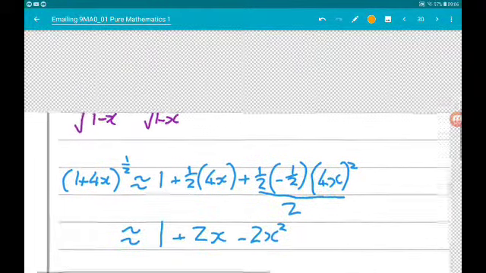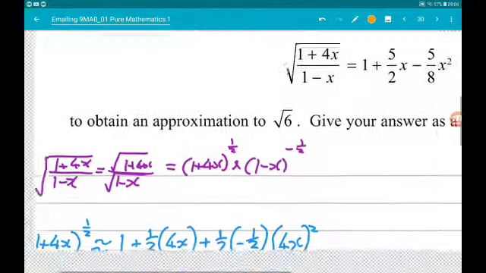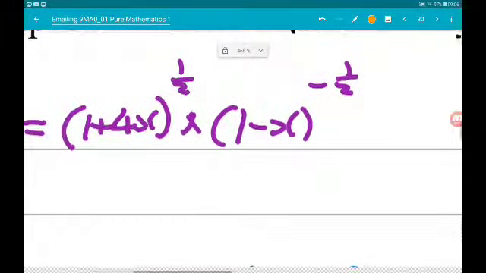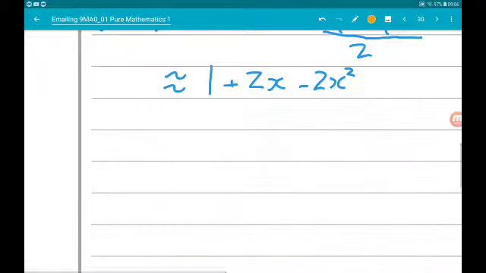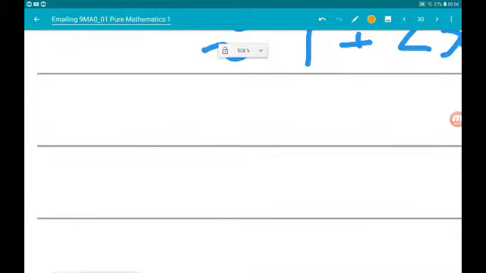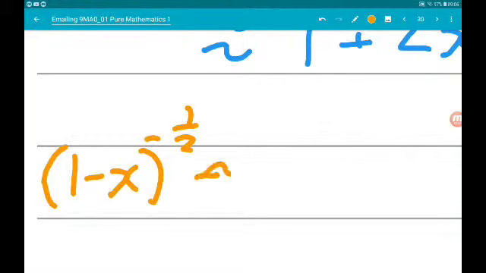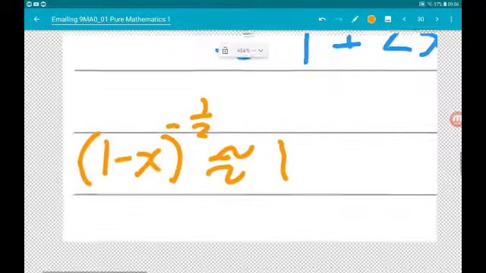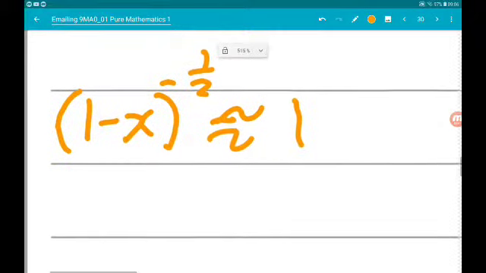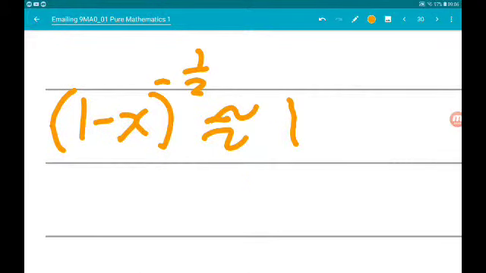So now we're going to do 1 minus x to the minus half. So 1 minus x to the minus half is approximately 1. Then it's add nx, so that's going to be add minus a half times minus x, so that's going to be add 1 half x.